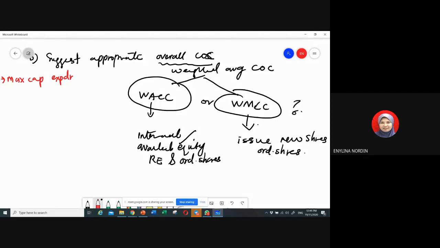It is stated in the last paragraph, last point. Currently, Nike has 4.94 million retained earnings, and this 4.94 million is available or allocated for reinvestment. So that is the current retained earnings available for reinvestment. Okay, so how are we going to determine the maximum capital expenditure here?